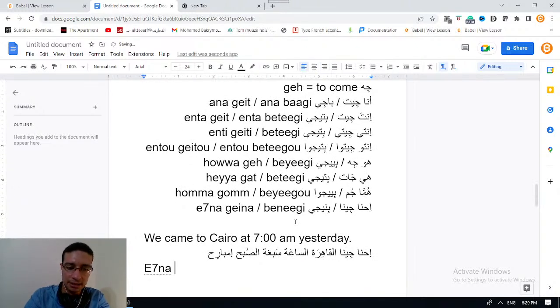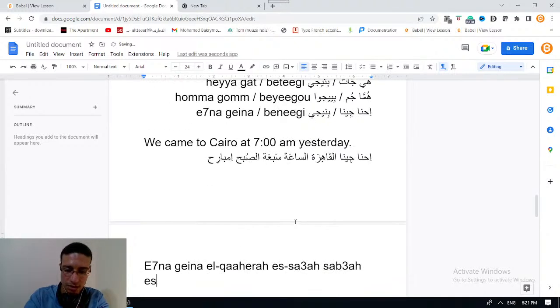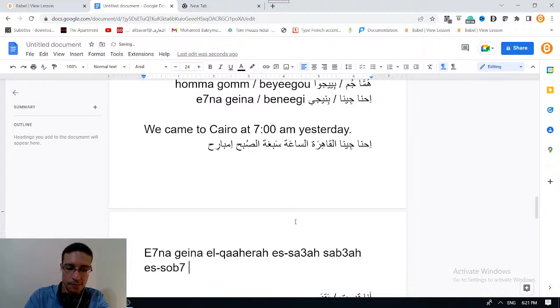So إحنا, we, جينا القاهرة, القاهرة means Cairo, الساعة 7 الصبح امبارح. So امبارح is yesterday, and then الساعة 7, then الصبح like in the morning. إحنا جينا, we came.